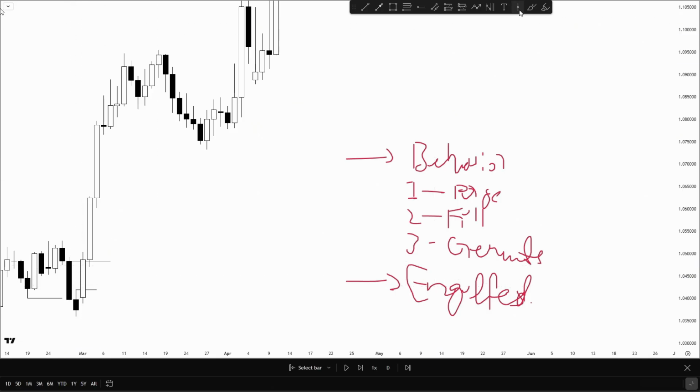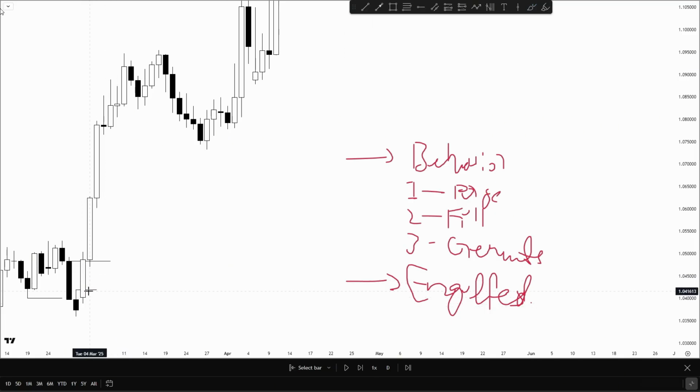So if price had closed only till here, above this single candle, then we would have chosen this as our valid order block, and we would have expected price to test it and then expand from here. But you can see that's not the case here.